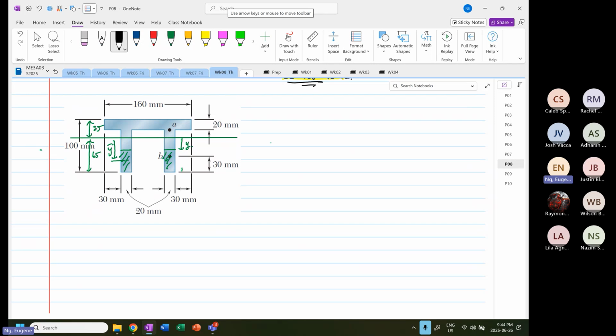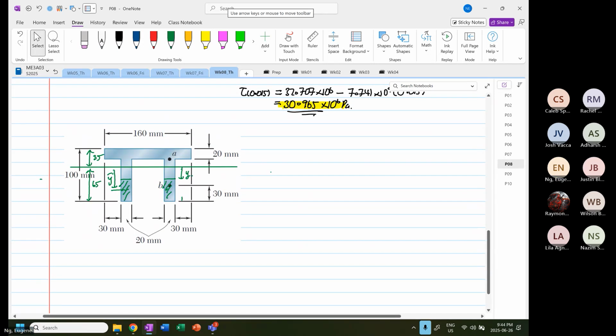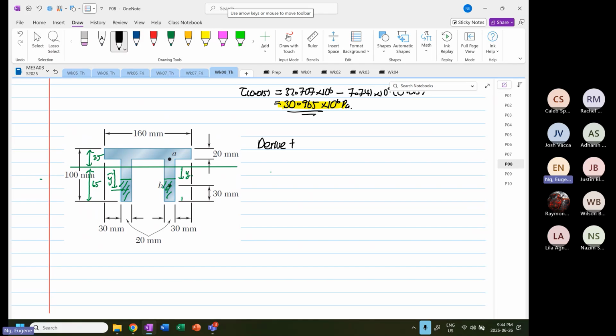Okay, so now we are going to derive the shear stress distribution by focusing on the bottom of the structure.